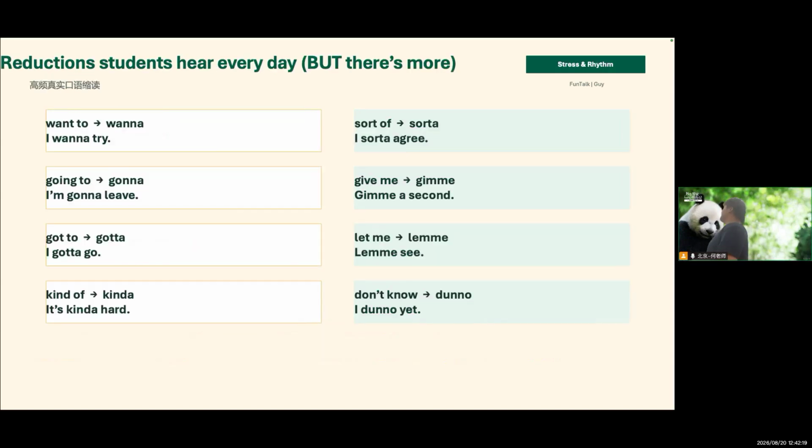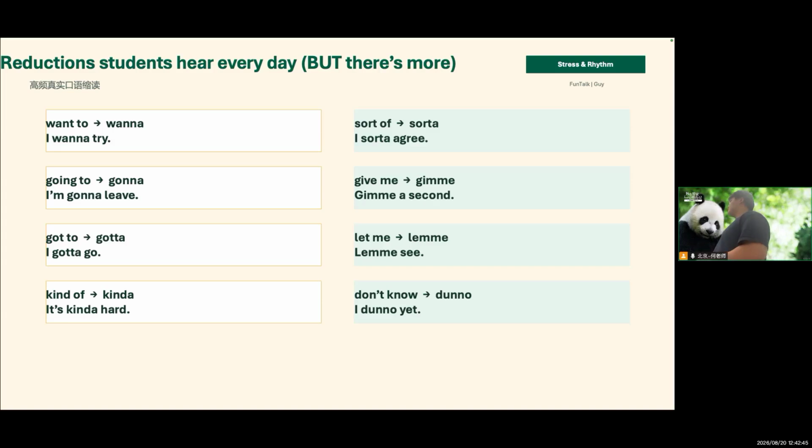Okay. We also have something called reductions, and these ones you probably heard of before, like I want to, I wanna, I'm going to, I'm gonna, or I got to, I gotta go. Like these are just some common examples, but there's a lot more that you've never learned.